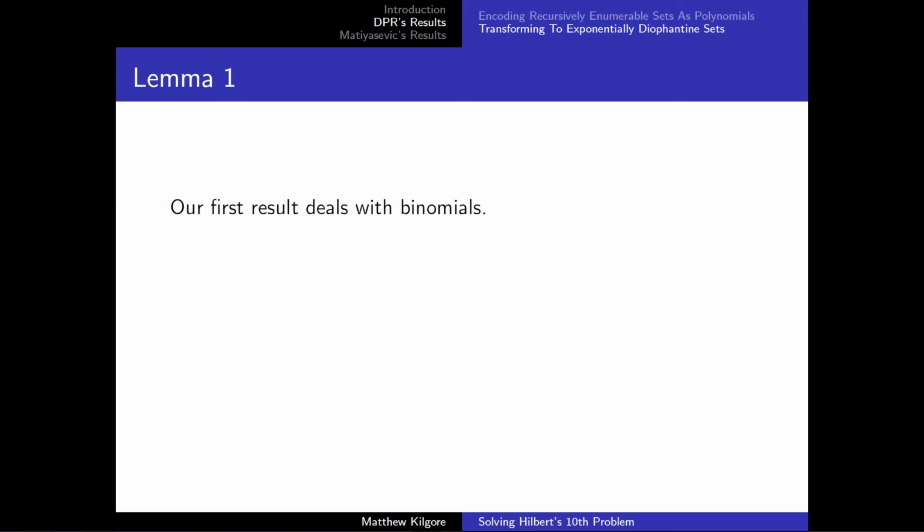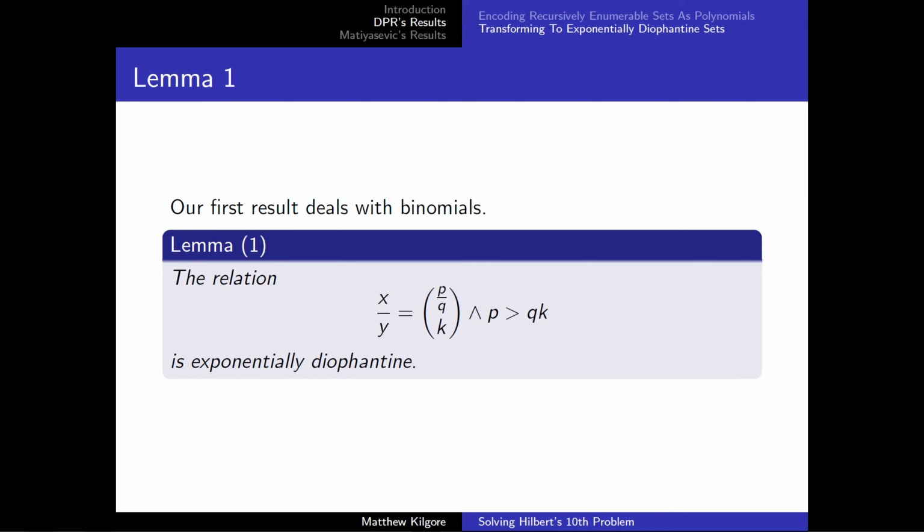It specifically states that the relation x over y equals p over q choose k, and p greater than qk is exponentially Diophantine. Here x, y, p, and q, and k are integers, and we're looking at the quote-unquote generalized binomial coefficient.